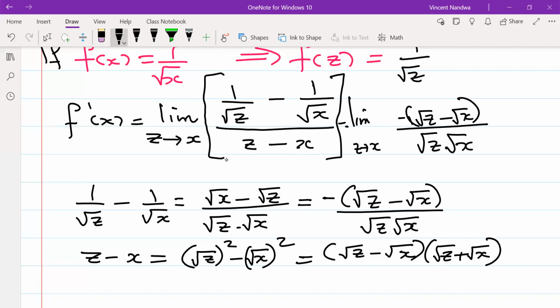So when I'm dividing, it's like I'm simply multiplying by the other expression. Okay, so let's not mix steps. So let's just say 1 over z minus x.